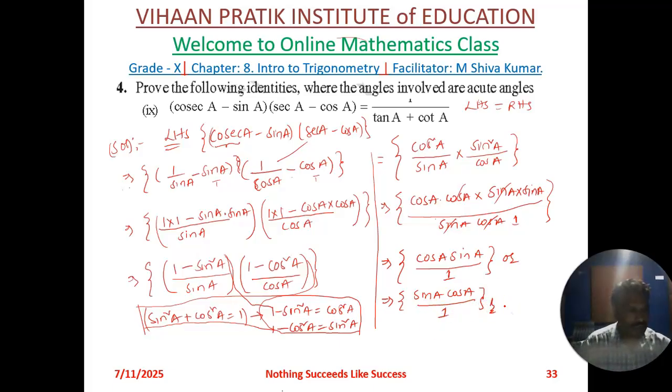Now this is intermediate result. Here we can stop and solve RHS separately and arrive at this result. Both will be same. Otherwise, we'll continue with the result and arrive at RHS. We'll try to do both methods. So now I'll follow the method of continuing with this result, and we'll do it in the next page.